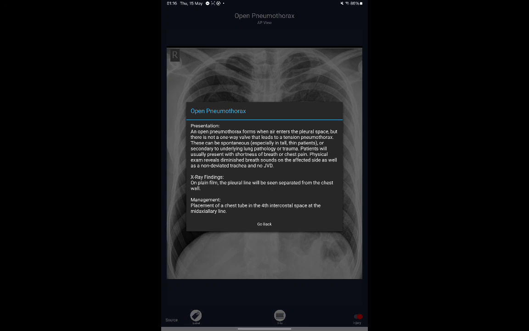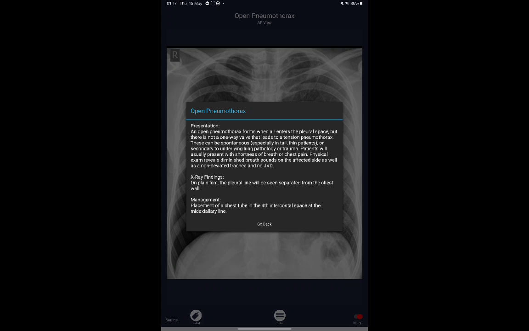The patient will usually present with shortness of breath or chest pain. This is the clinical presentation. Physical exam reveals diminished breath sounds on the affected side, as well as a non-deviated trachea and no jugular vein distension.